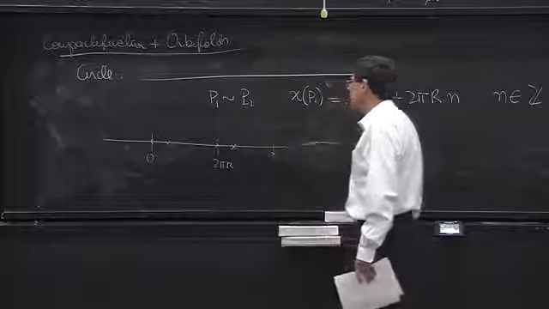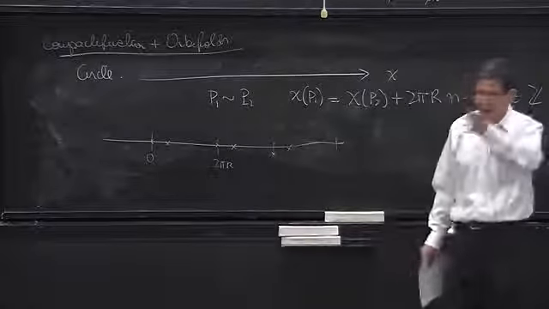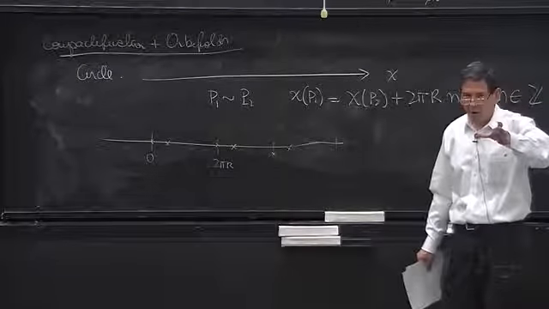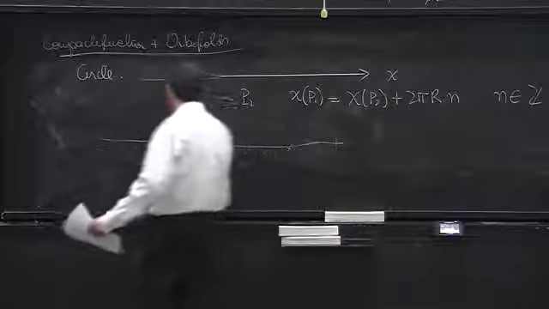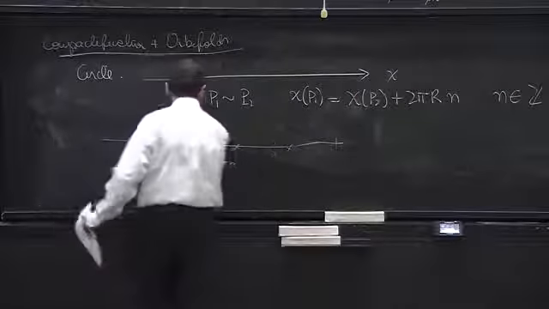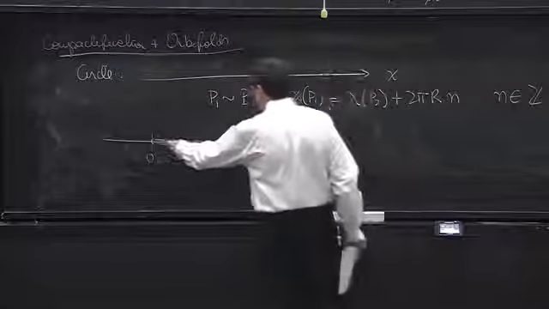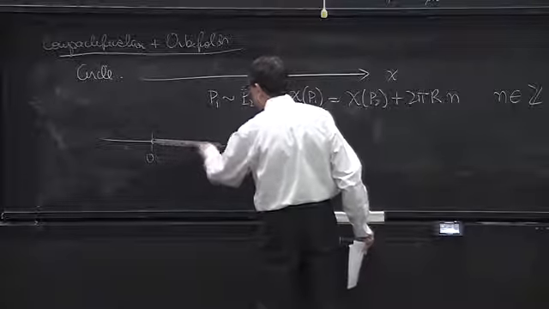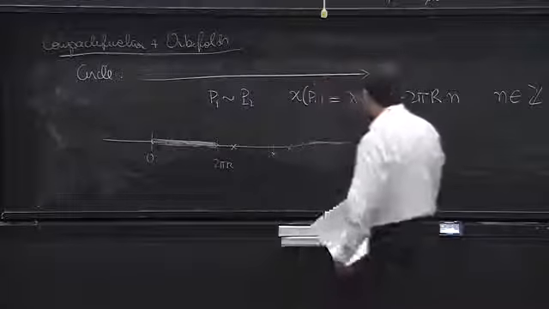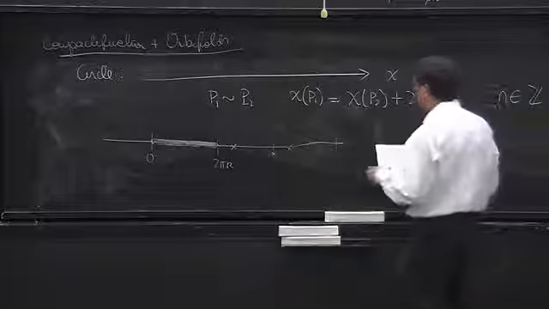So if all these points are the same, you might as well consider a set of points with no identification. So you say, let's consider this point from here to here. There's no identification that says this point is equal to that. So these are genuine points, and they lead to what you would call the fundamental domain of the identification.